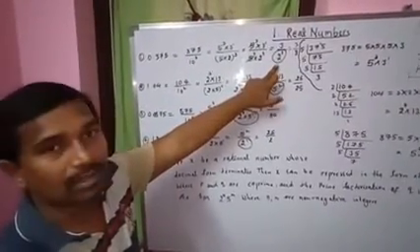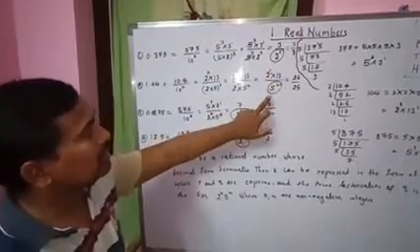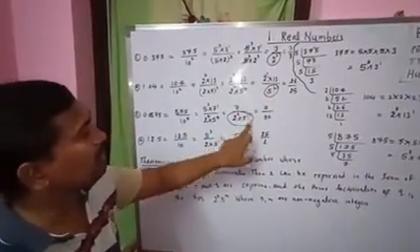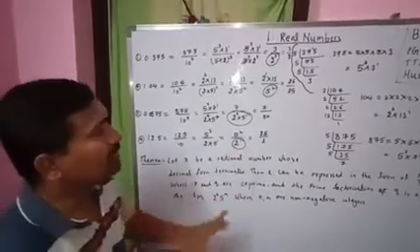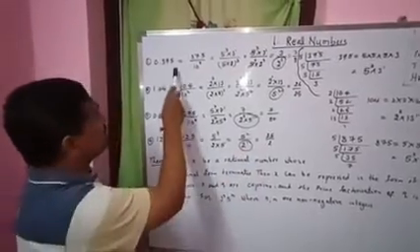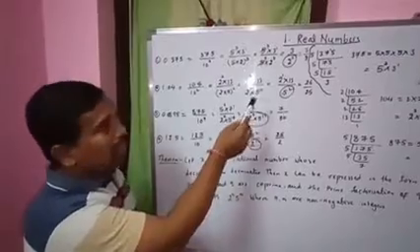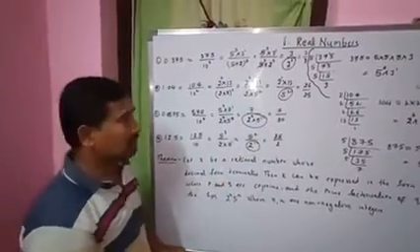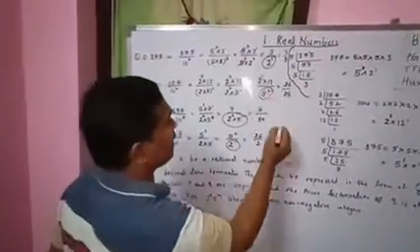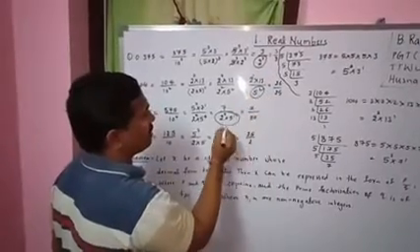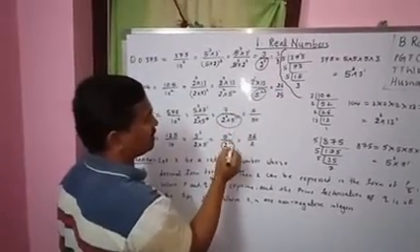The denominator is 2 power 3 here, 5 power 2 here, 2 power 4 into 5 power 1 here, 2 power 1 here. If the terminating decimal is converted into p by q and simplified, then the denominators are in the form of 2 power something, 5 power something.